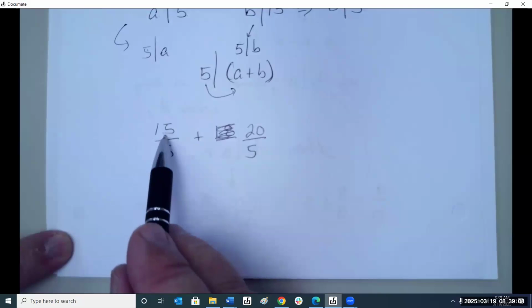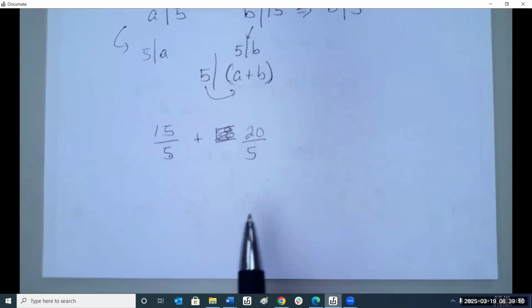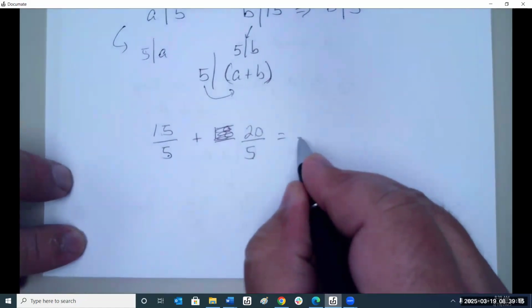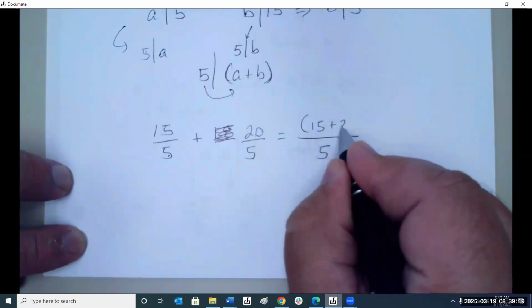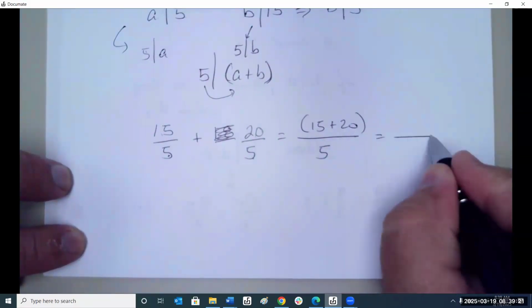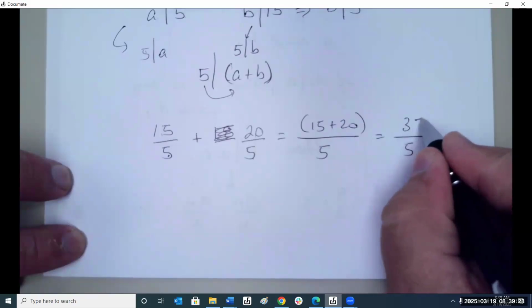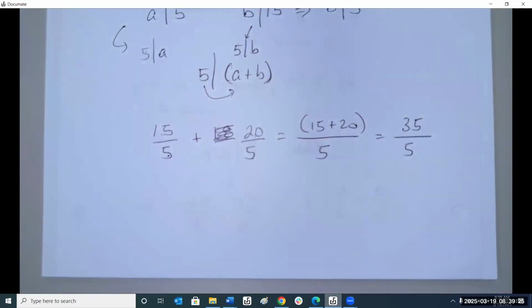Does 5 go into 15? Does 5 go into 20? So therefore, 5 has to be able to go into 35. Have we seen this rule before?